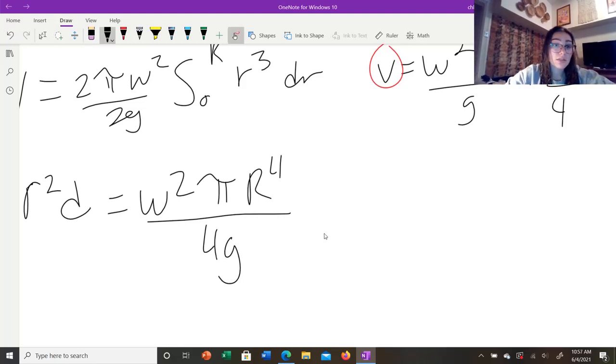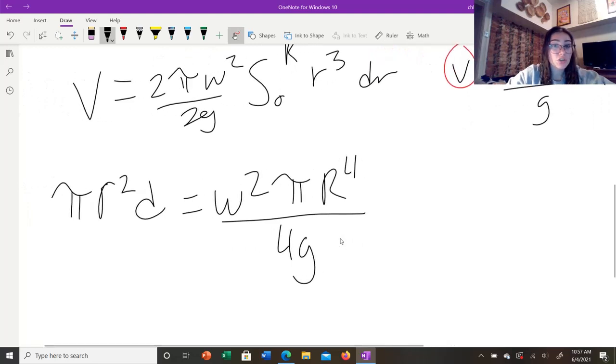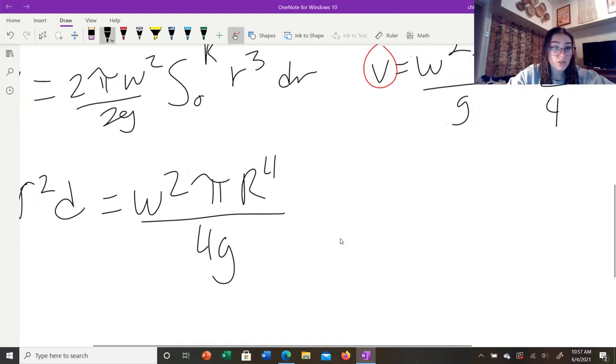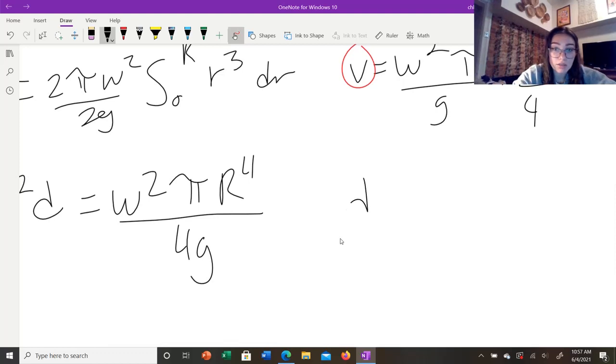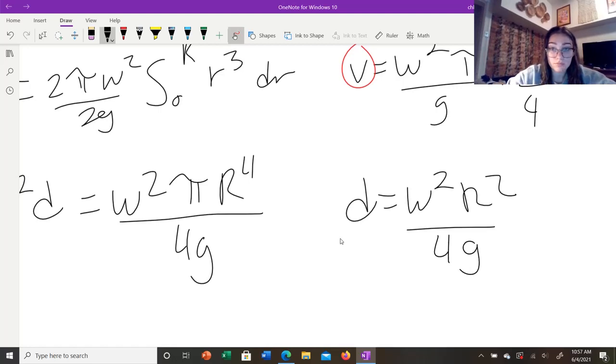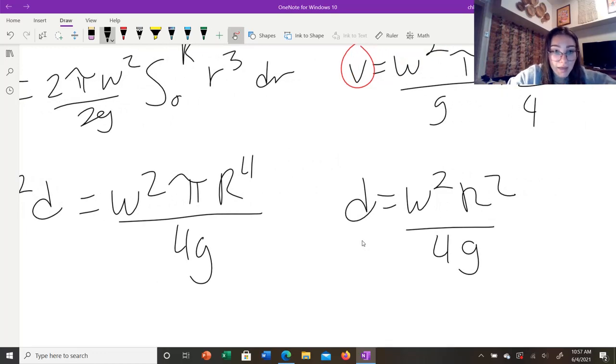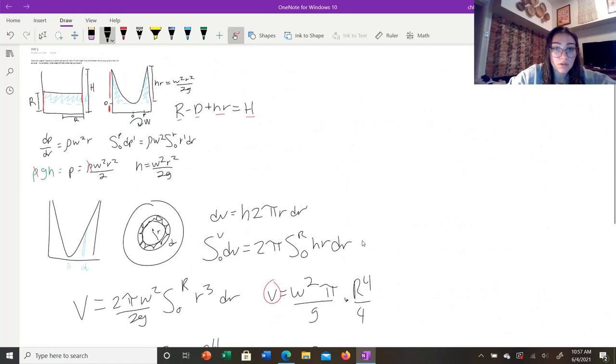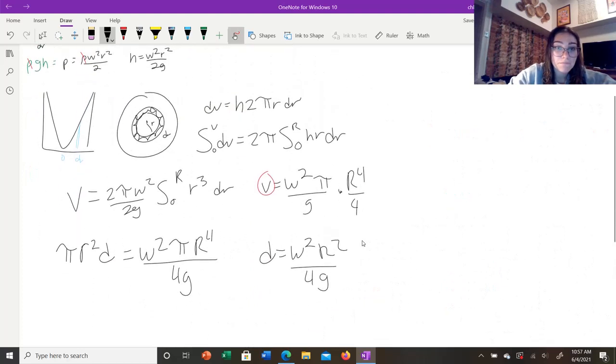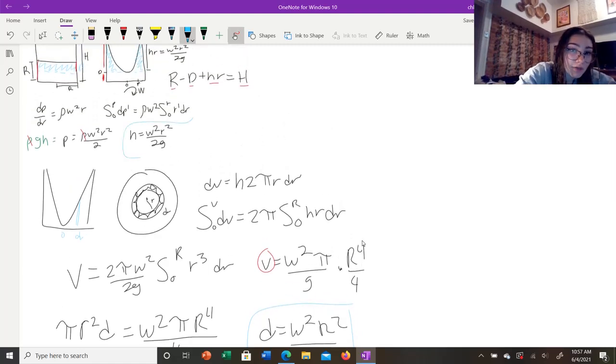Okay, there we go. Now what we're trying to do is solve for just D. To solve for D, we get D equals W squared R squared over 4g. Now that we have our D and our hr, we have all the pieces we need to find W.